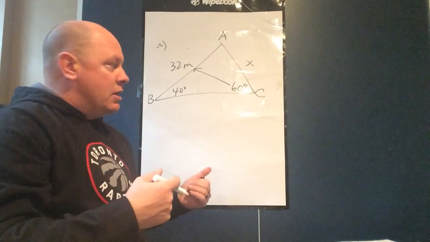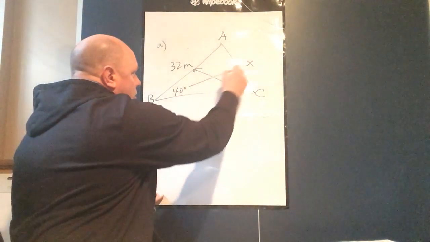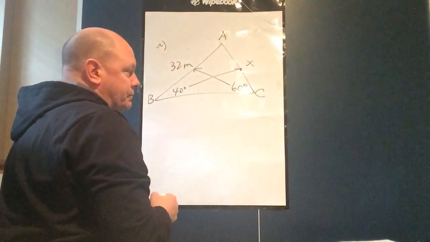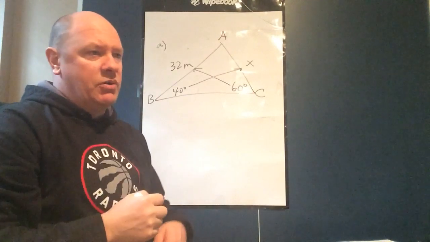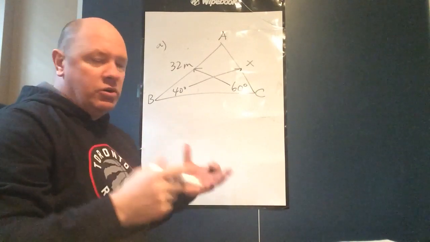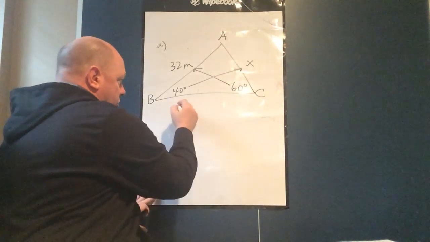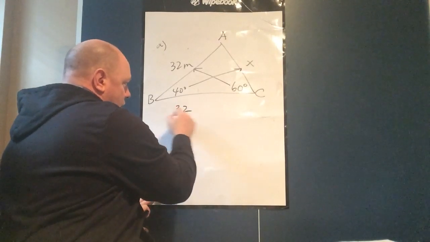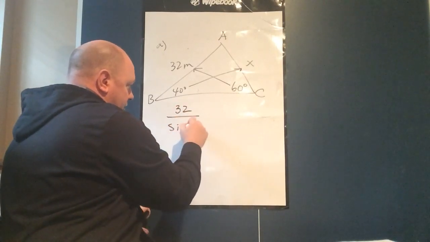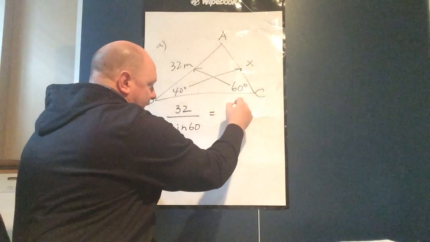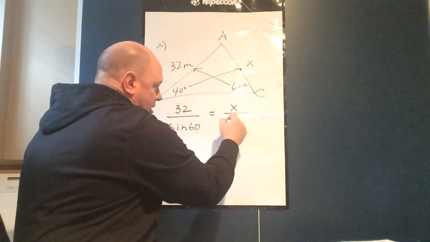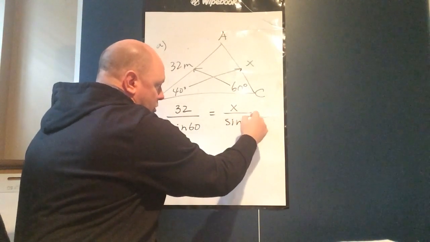Okay? So 40 goes along with X. So what I try to do is I always try to write out the full fraction first. So 32 is my side length all over sine 60. And then I write my X as my side length all over sine 40.